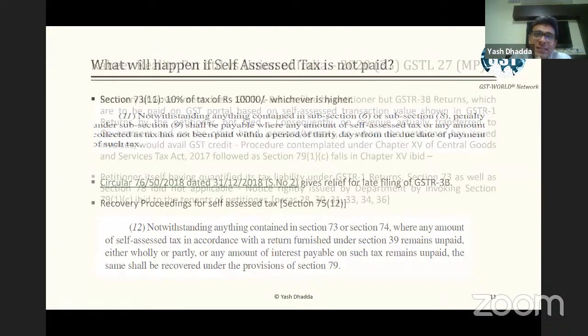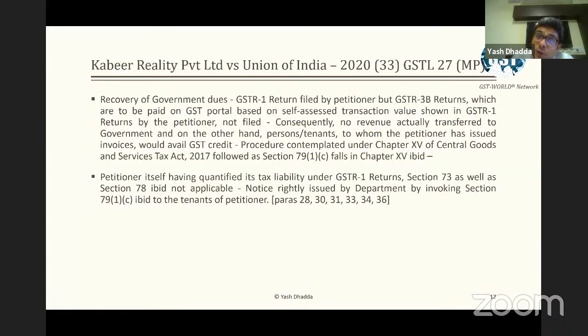So in this context, we have a judgment from Madhya Pradesh High Court in 2020 only, in the case of Kabir Reality. In this case, the assessee had filed all its GSTR 1, disclosed all the outward supplies, but did not file GSTR 3B. The department started proceedings under 75(12) and did a direct recovery.